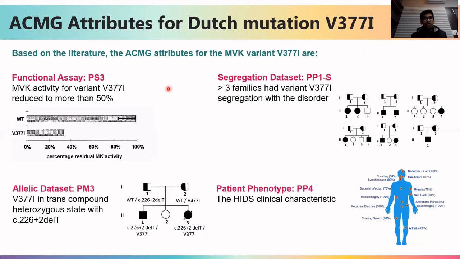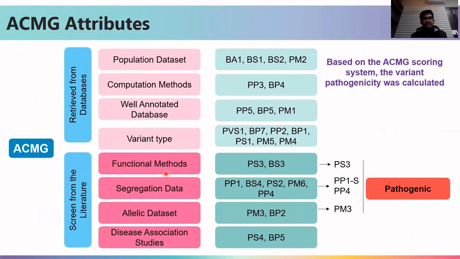On the basis of the scoring system, we'll see which class it falls into, whether it will be pathogenic, likely pathogenic, variant of uncertain significance, or benign or likely benign. For the literature screening, we are not doing any of the above, which we can retrieve from the databases.